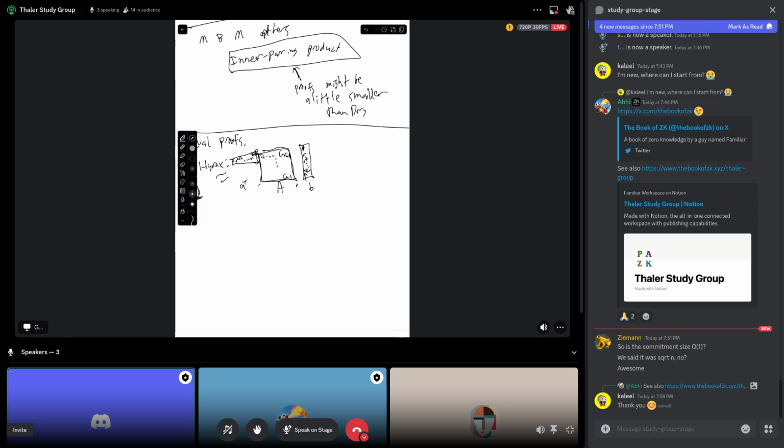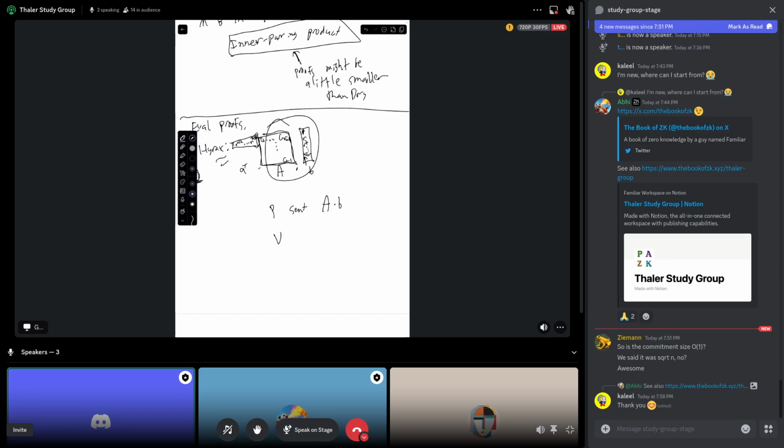So what the prover did was the prover just sent, in Hyrax, capital A times b. So it did one of the two matrix-vector things. And what the verifier did was, it sent a vector, I'll call it little v, which is claimed to equal A times b. And the verifier homomorphically derived a commitment to the actual A times b by taking the column commitments.